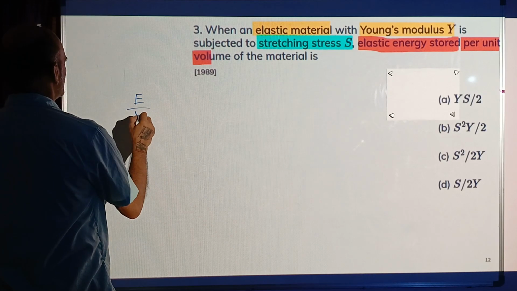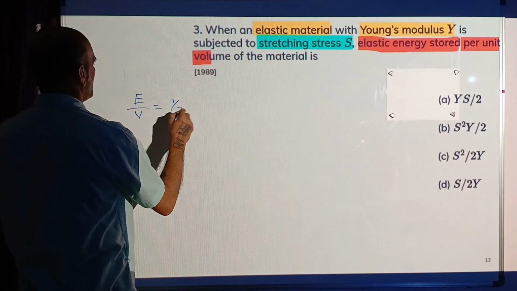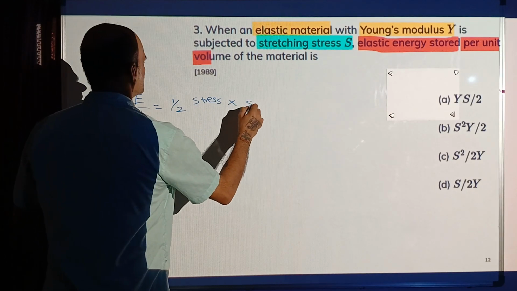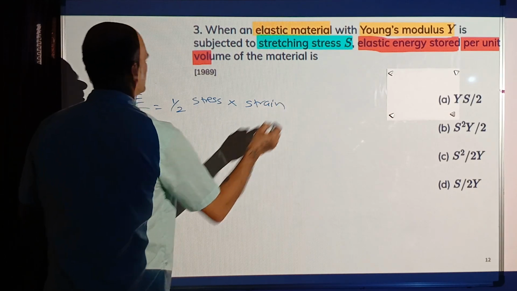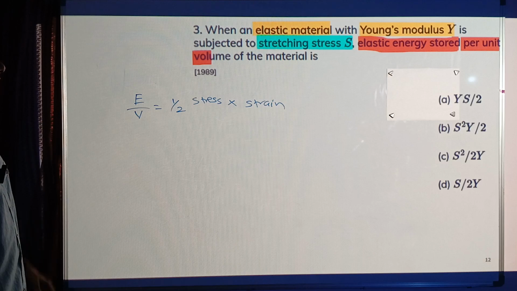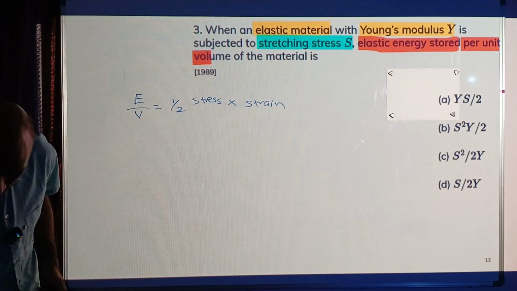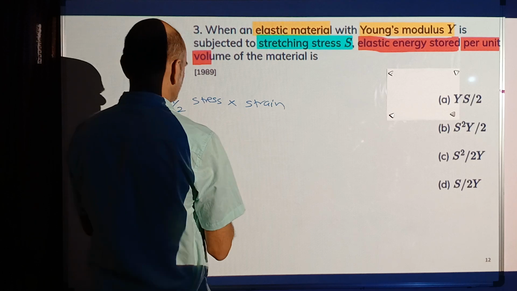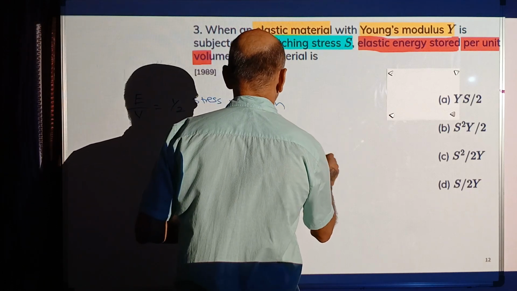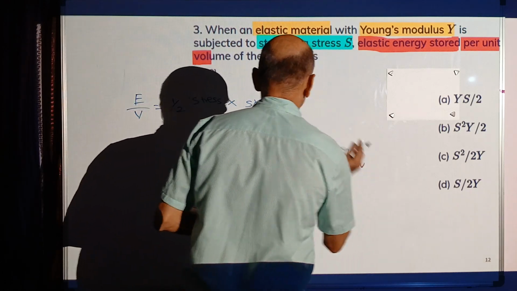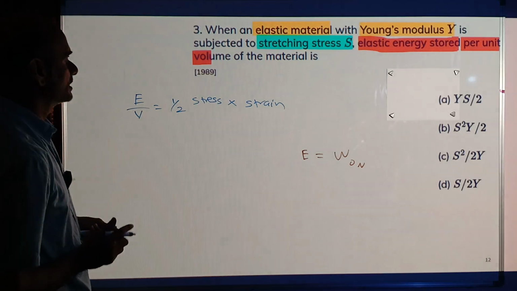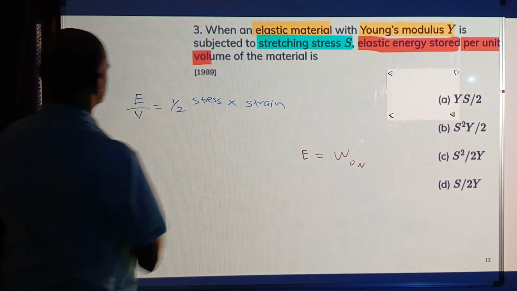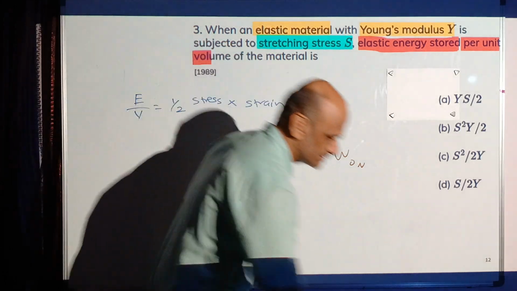Energy per unit volume is half into stress into strain. To derive this formula, you have to use the basic idea that the energy stored in the system is work done on it. So here work is done on the system to stretch it. So if you use this thing, you'll get this result. You can straight away use this result for this question.